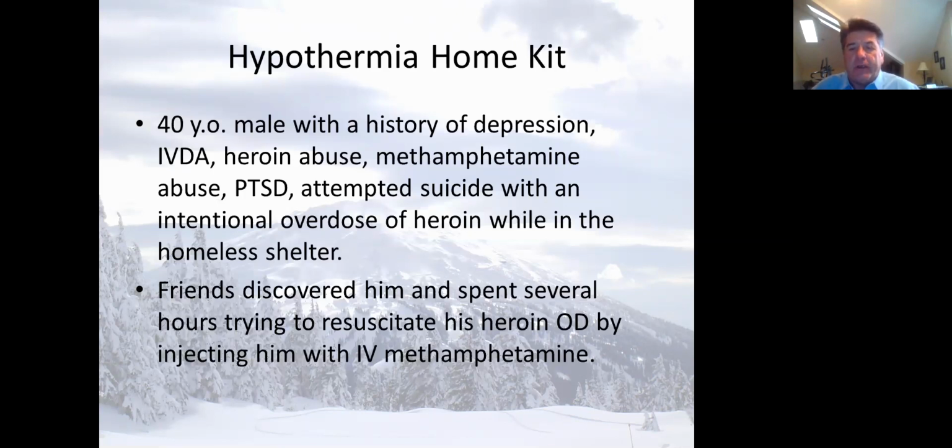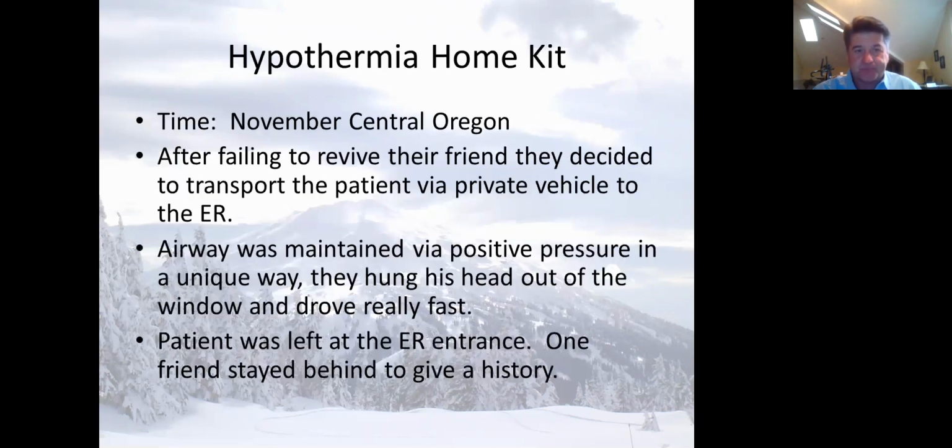The friend didn't know he had intended to overdose, but because of the post-traumatic stress disorder and depression, he had decided to intentionally overdose himself. His friends discovered him and spent quite a few hours trying to resuscitate him by injecting him with methamphetamine. Maybe a good idea as far as sympathomimetic effects of methamphetamine, but it certainly did not help him.